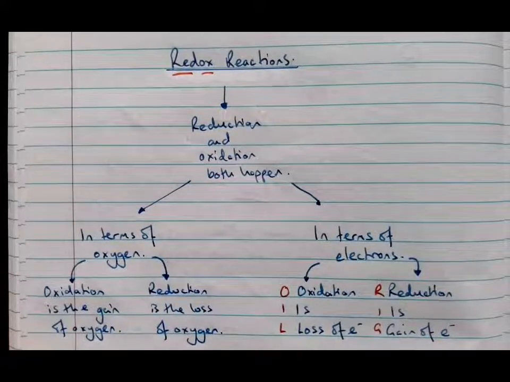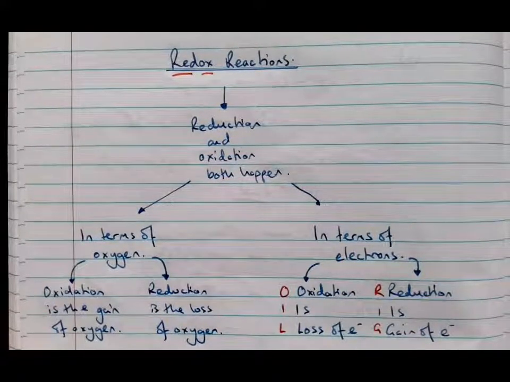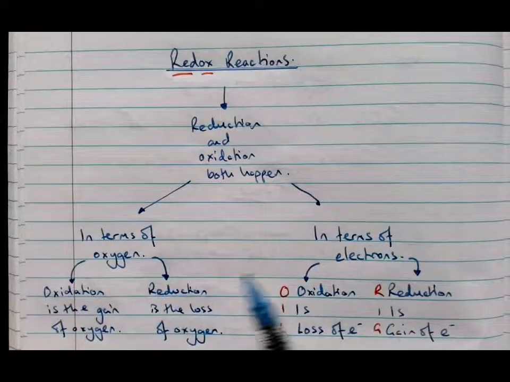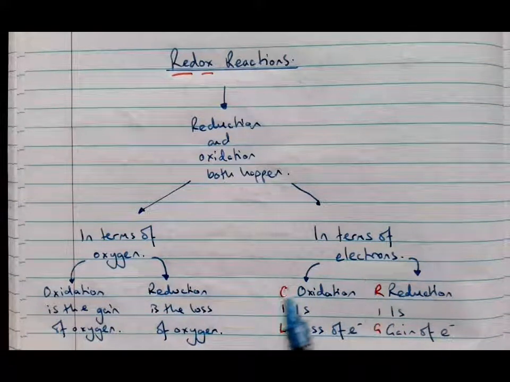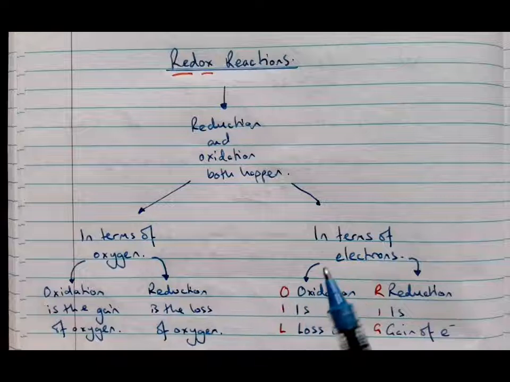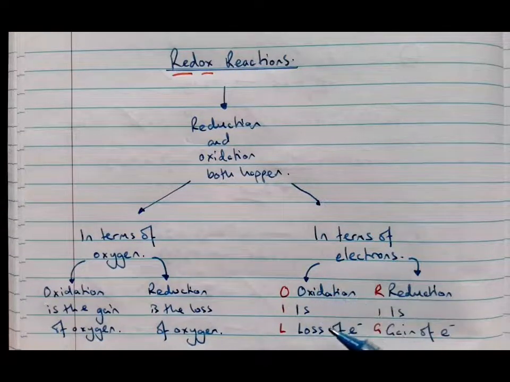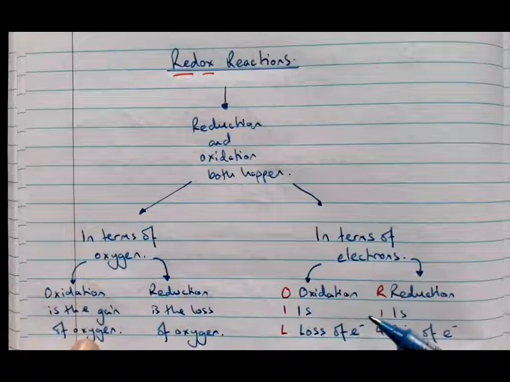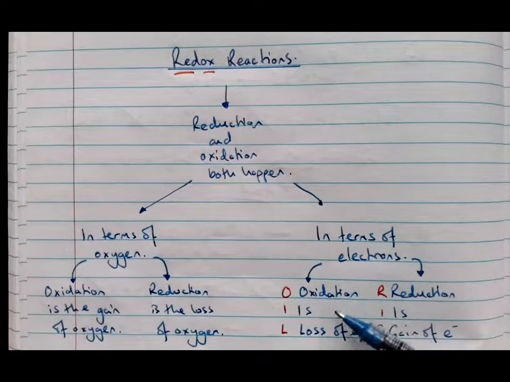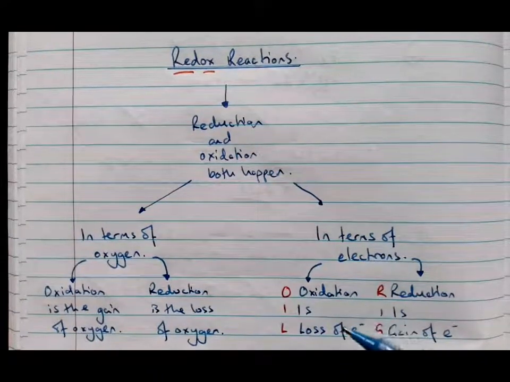All right, so whenever we talk about reduction and oxidation, you can think of it in one of these 2 ways. Now, it doesn't mean that both of them will always be happening. Okay, it is possible to have oxidation without the gain of oxygen, as long as there is loss of electrons.